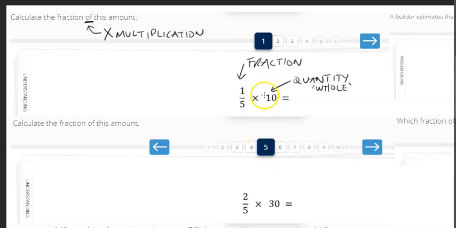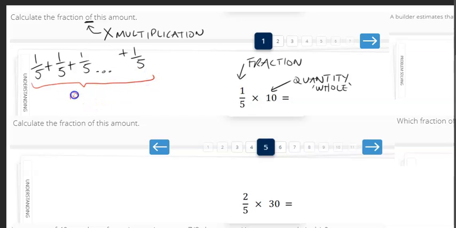Now, in the previous video, we know that multiplication is just a form of repeated addition. So what we're doing is getting 1/5 and adding it to itself 10 times. So this operation here is being applied 10 times.